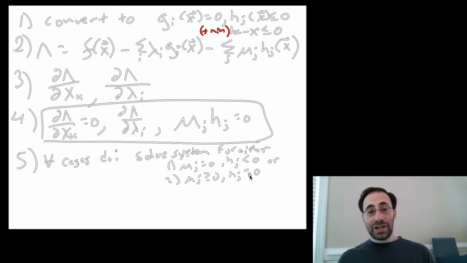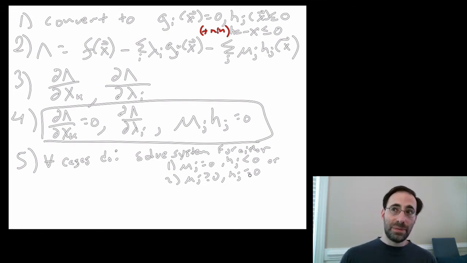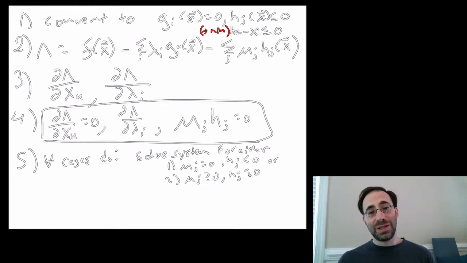So for every combination of cases, you do this. For instance, if you had two of them, mu1 and mu2, then you would have one case when mu1 and mu2 are both 0, and both h's are less than 0. You'd have one case when both h's are equal to 0, and both mu's are greater than or equal to 0. And you'd have one case in which mu1 is 0 and mu2 is non-negative, and then another case when mu1 is non-negative and mu2 is 0.